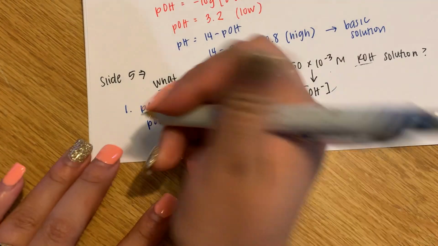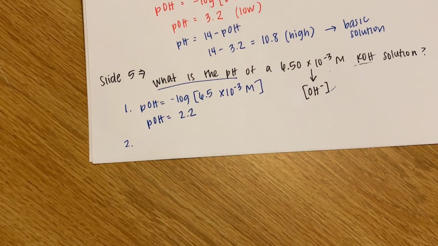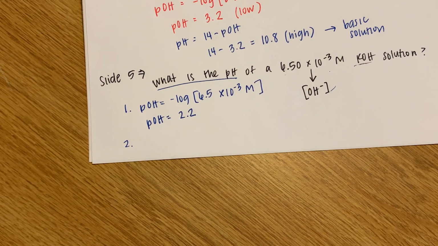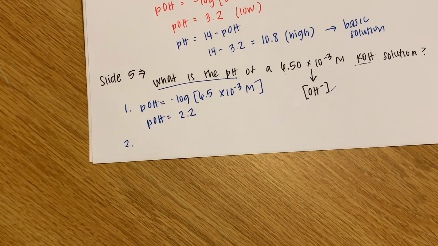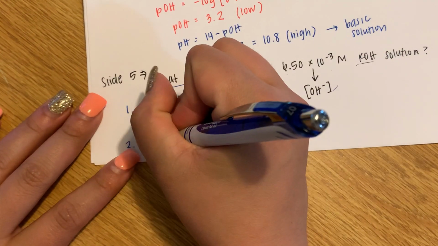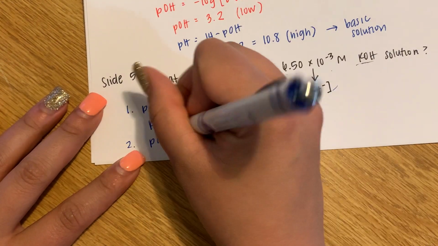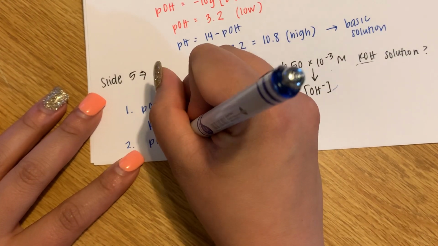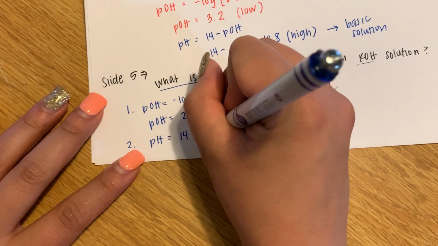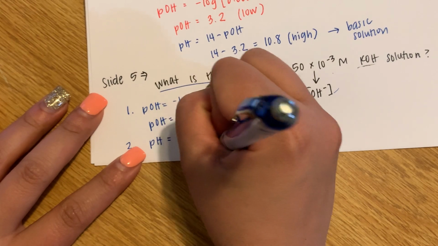So how can I get that? There's a second step, and I just use the other formula, because remember, the magic number is 14, because that's what the pH scale and pOH scale go to, from 0 to 14. So I'm going to use the pH formula that we learned yesterday. pH equals 14 minus pOH. So I'm going to do 14 minus 2.2.